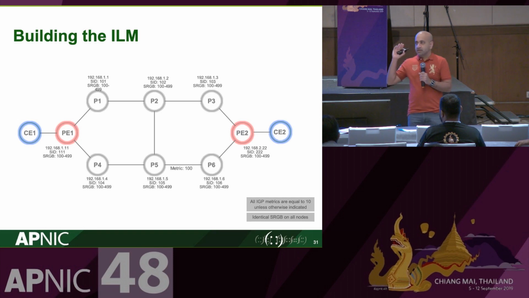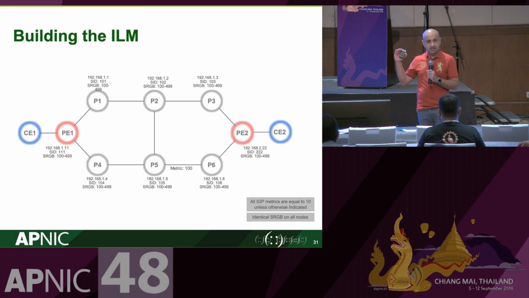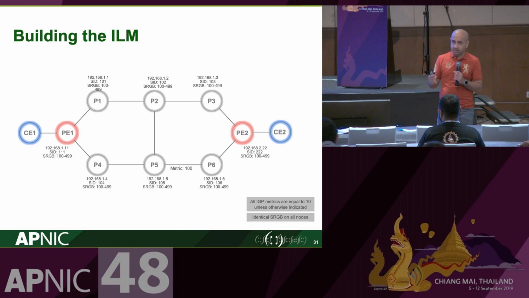Now, the previous two examples, the standard MPLS examples, used protocols. They used LDP. So remember, LDP sent a label mapping message between the FEC and the label. We used RSVP-TE. RSVP-TE used path messages and reservation messages to advertise the mapping between the IP address and the label. Segment routing does not require LDP or RSVP-TE.